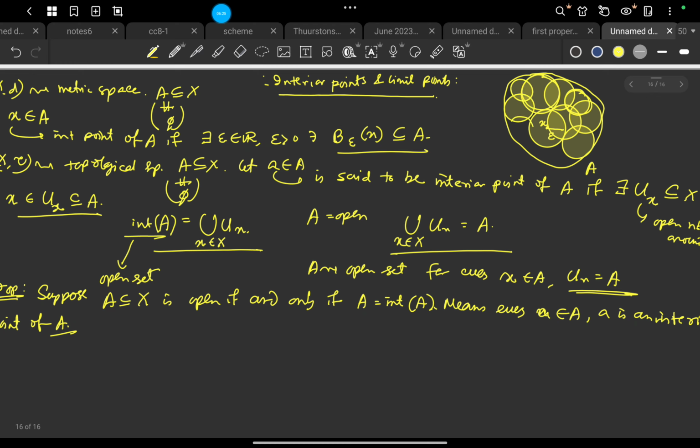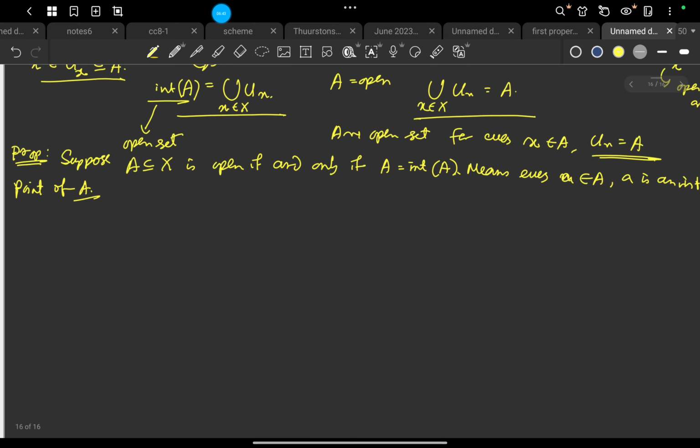All these small open balls can cover the entire A. So this is an explicit definition or pictorial representation of an open set.